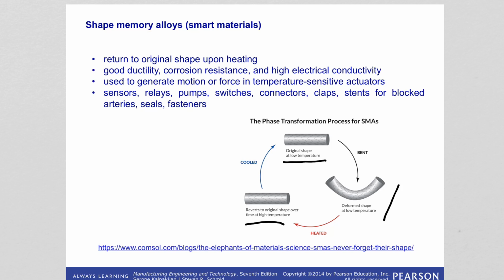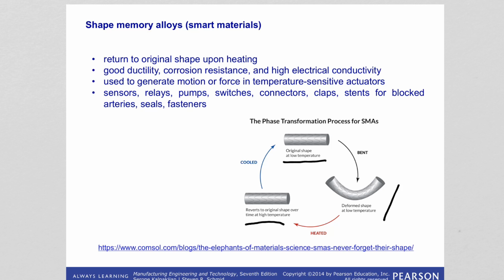It is generally used to generate motion or force in temperature sensitive actuators. They have good ductility, corrosion resistance, and high electrical conductivity, and are used for sensors, relays, pumps, switches, connectors, clamps, stents for blocked arteries, because you insert it and it goes back to its original shape, right? Seals, fasteners, a wide range of applications.